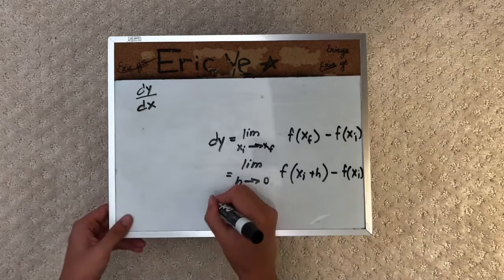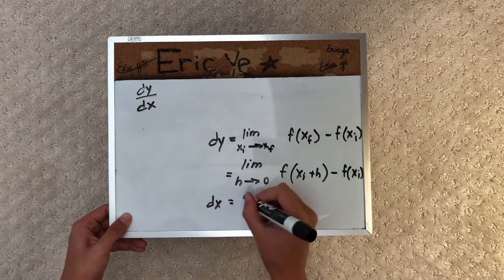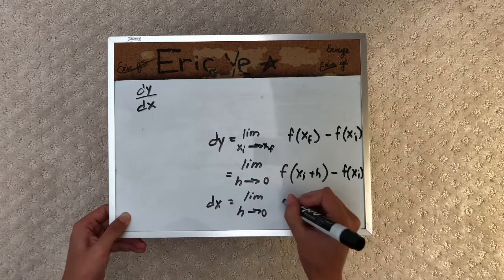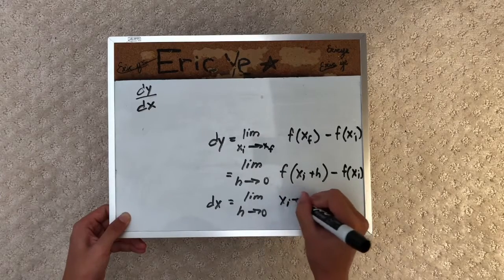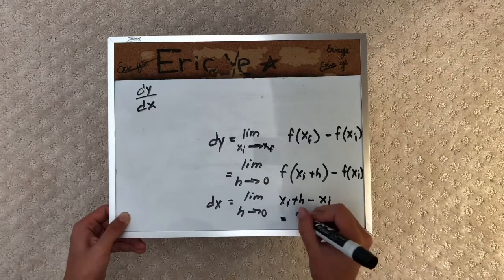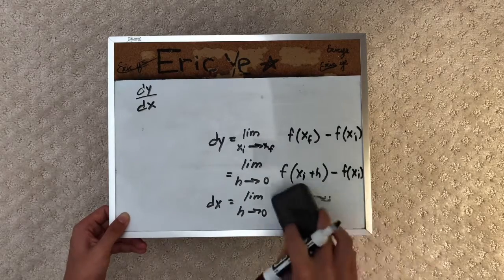And we could also do this to dx. So dx will equal the limit as h approaches 0 of x initial plus h minus x initial, which would just be equal to h.